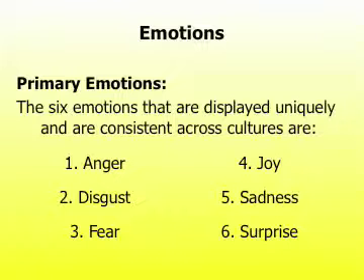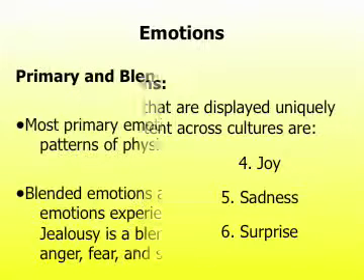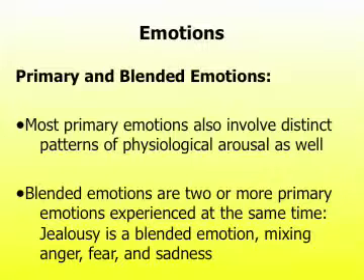Well, interestingly enough, love seems to come up as what's called a blended emotion of a couple of these things. And actually there are at least 6 different kinds of love. You may be familiar with them. One of them is agape, for example. There's also platonic love. We're not really going to talk about love here, but suffice it to say love's a blended emotion. So, primary emotions and blended emotions.